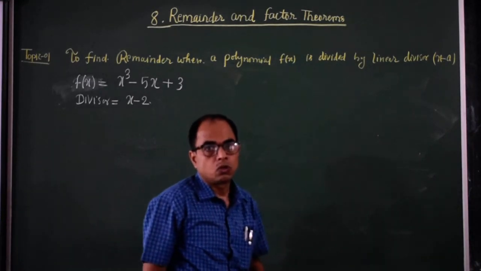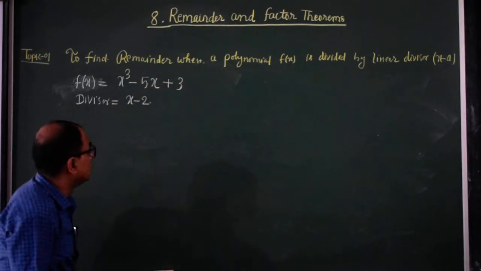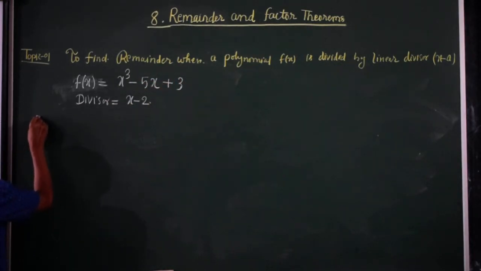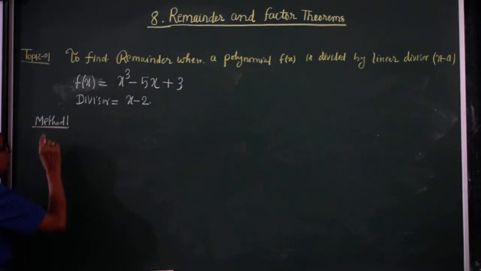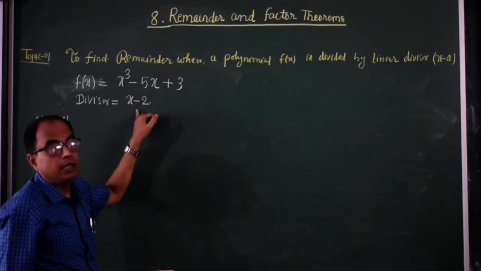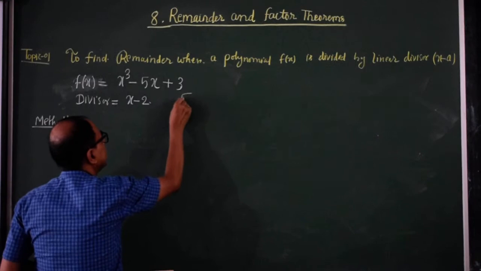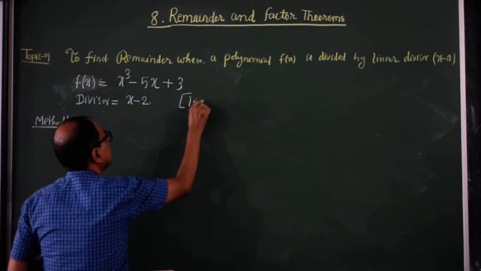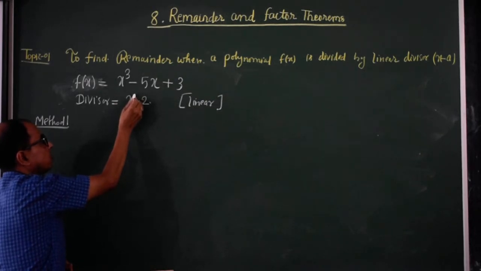Clear? So we can find the remainder by many methods. Write the first method. What we have to find? The remainder when this polynomial is divided by the divisor x minus 2. Here the divisor is linear. Linear means the power of x is 1.